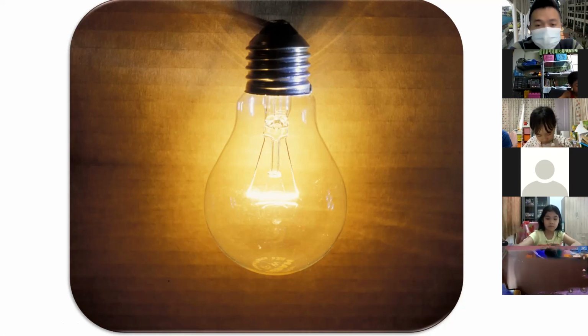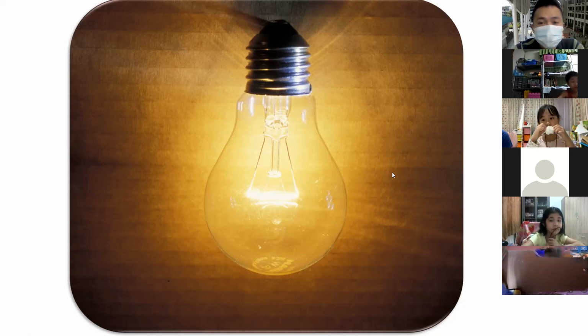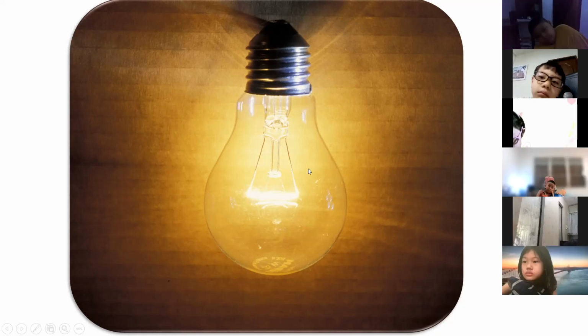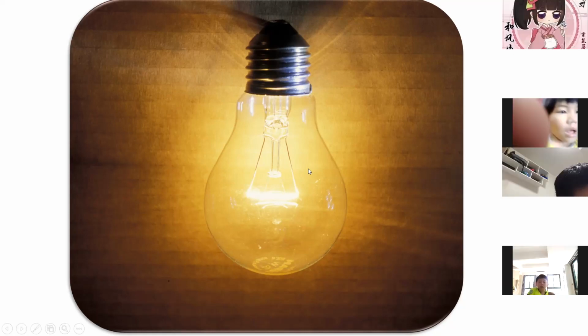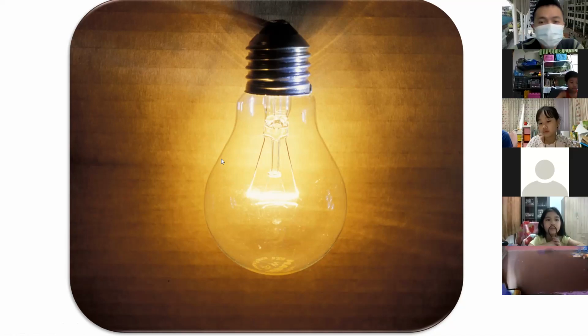Artificial, someone is creating them. So what about this one, the light bulb? Is it an artificial light source or a natural light source? Who can answer? Please answer. Natural or artificial?